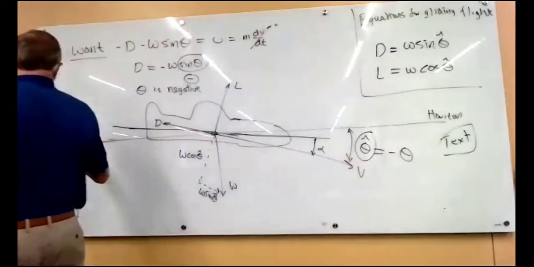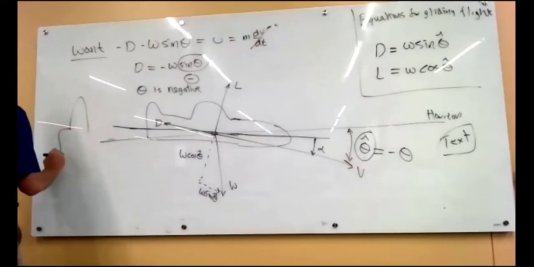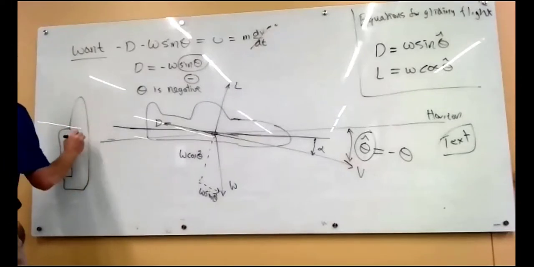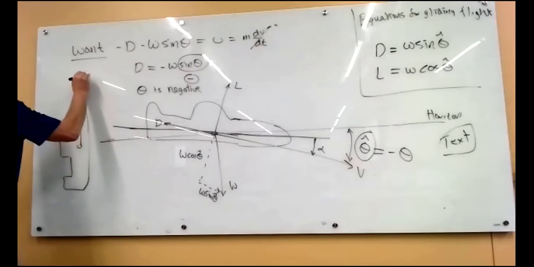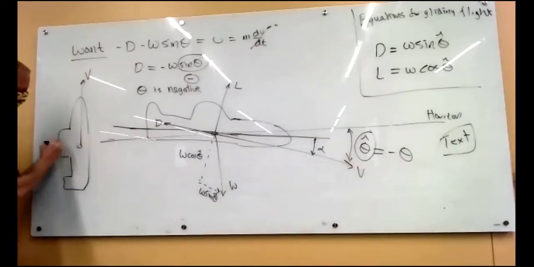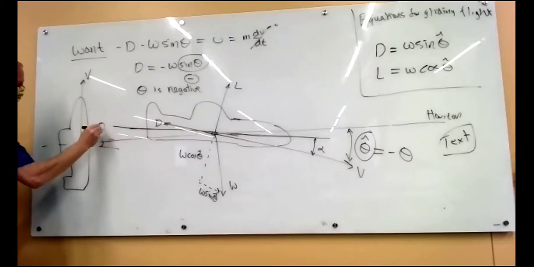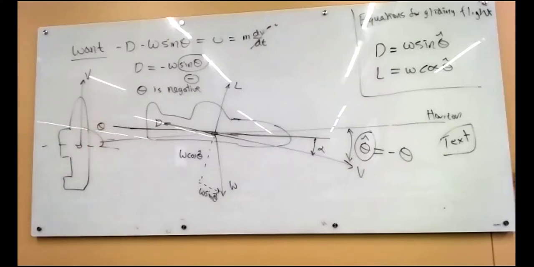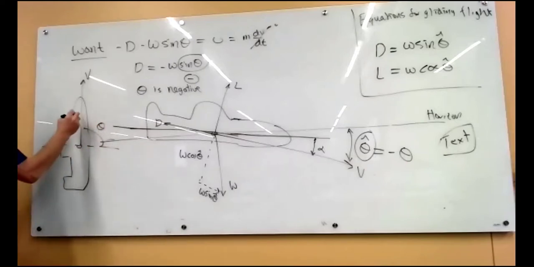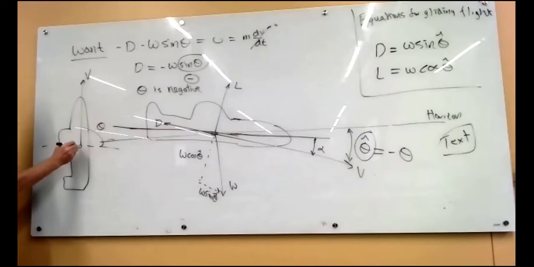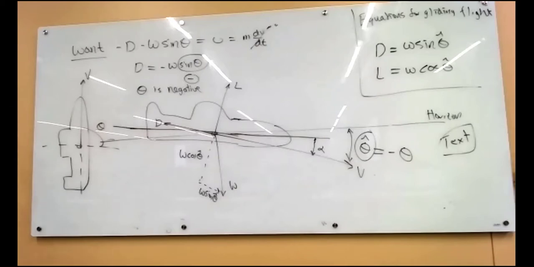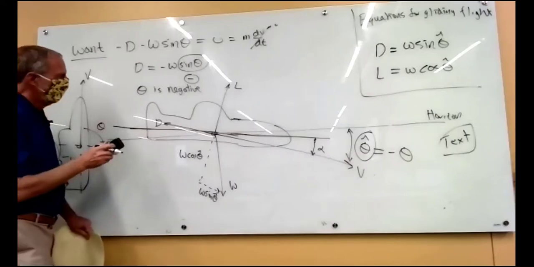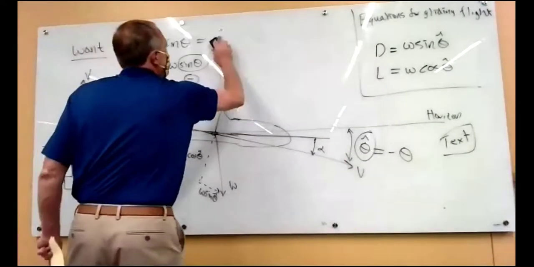So if for some weird reason you're on your airplane and you're climbing straight up, here's the horizon, this is theta. And the angle of attack here would be 0, because I've drawn the velocity directly along the chord line. If the chord line's tilted a little bit from the velocity vector, then the angle of attack is there. Okay, so we're going to start with those equations.